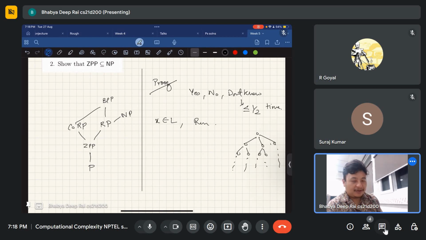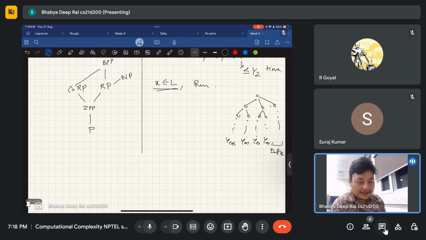On all these outputs, it either says correctly yes. So if it belongs to the language, on all paths that it does not say don't know, it will say yes, and for some of the paths it will say don't know, and it will say so at most half the time. So in the case that X belongs to L, this is fine. Yeah. So what do you do in case it says don't know? Just reject it.